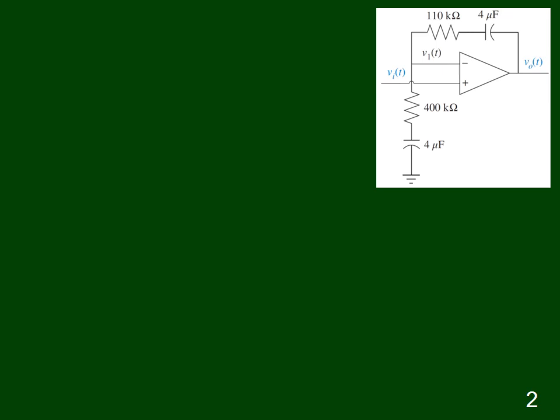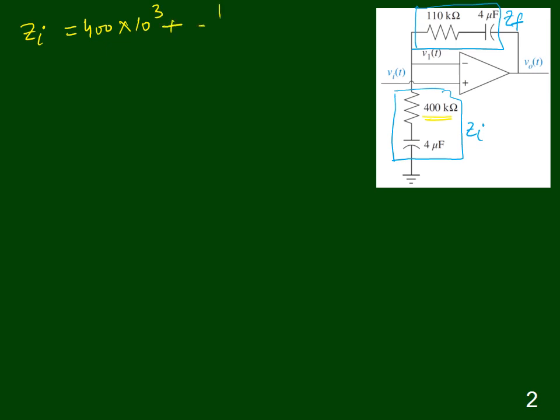So now we can determine the transfer function. The input impedance is Zi, and the feedback impedance is Zf. It is straightforward to write the input impedance Zi is equal to 400 kilo ohm, so it will be 400 into 10 to the power 3 plus 1 over 4 into 10 to the power minus 6.